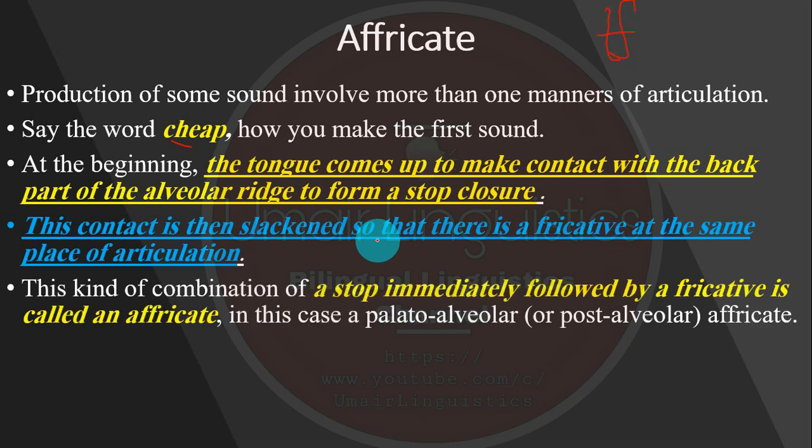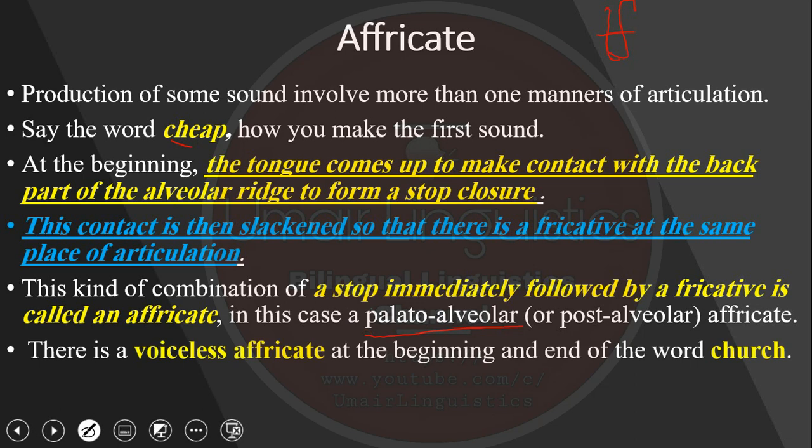And then, what we can say is that a stop immediately followed by a fricative is called an affricate. A stop immediately followed by a fricative is called an affricate, and in this case the ch is palato-alveolar, or post-alveolar, affricate. This is its place of articulation.